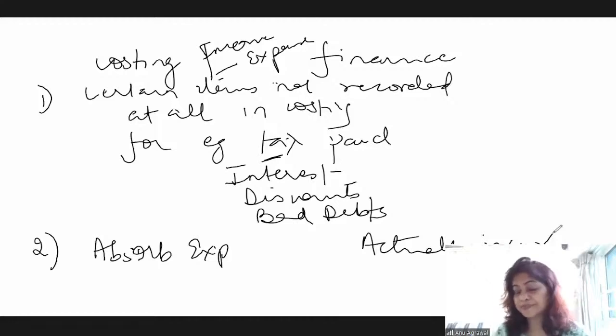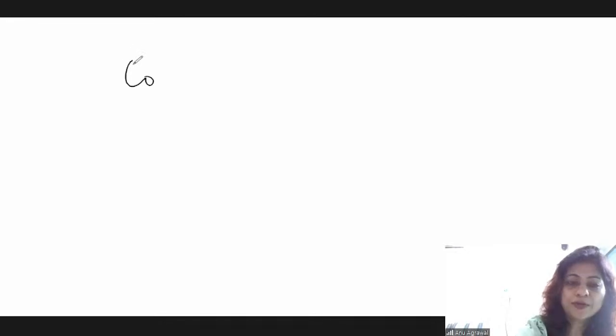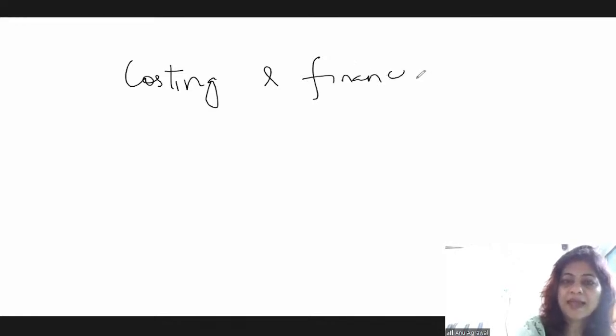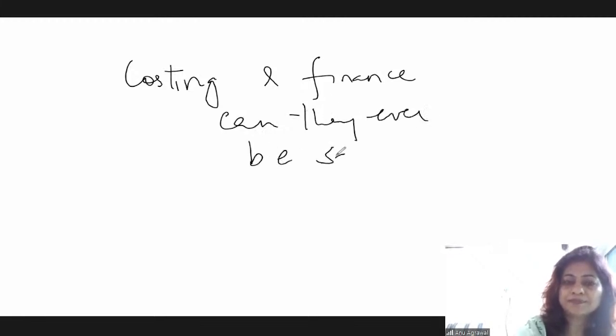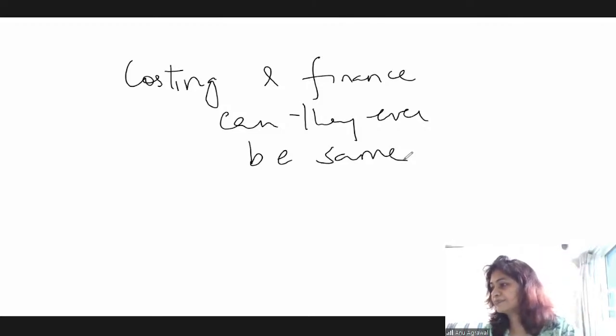But in finance, whatever is the actual expenditure is what you charge. So if you can actually see, the costing profit and finance profit, can they ever be the same?